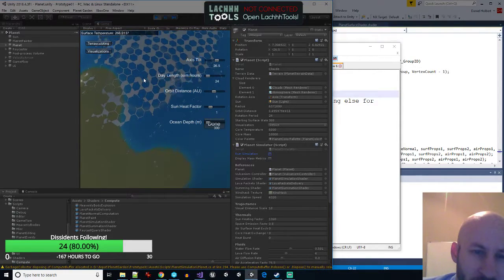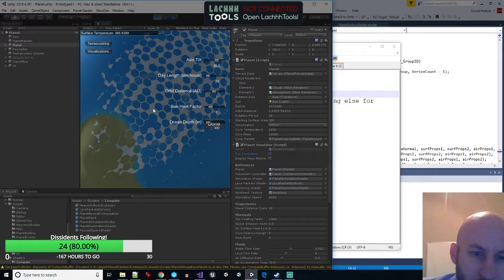Also, I noticed for some reason, I can't quite understand this, the mouse-over data I have, which you can see in the upper left corner of the window where it says surface temperature, seems somehow to be off a little bit. I'm mousing over the area that's ice, so it should be less than 273, but it's not.